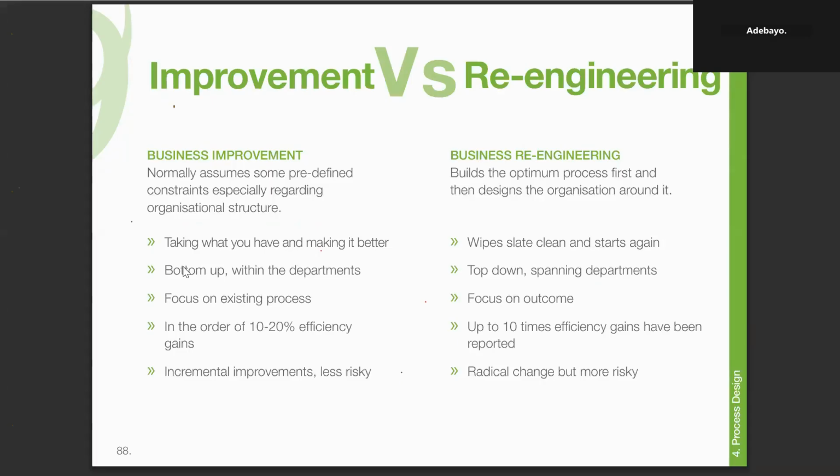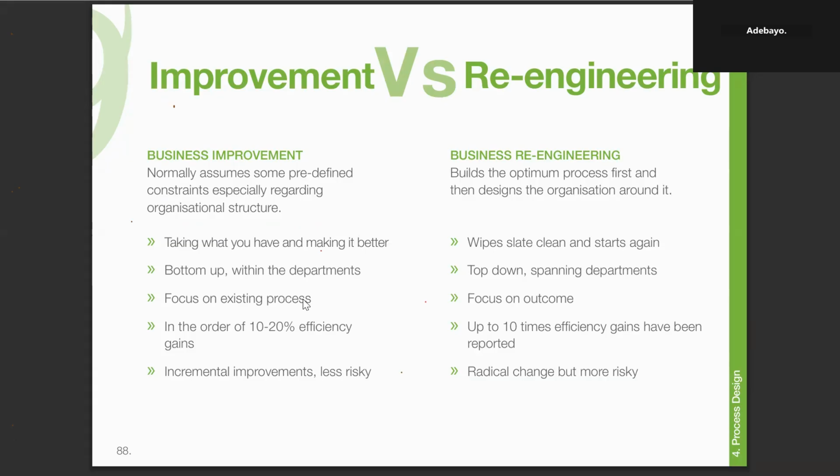So what is process improvement and what is process reengineering? Process improvement assumes that some parts we can just change or tweak and increase the efficiency. Automate some part of it, remove some handover steps, probably in your leave request.